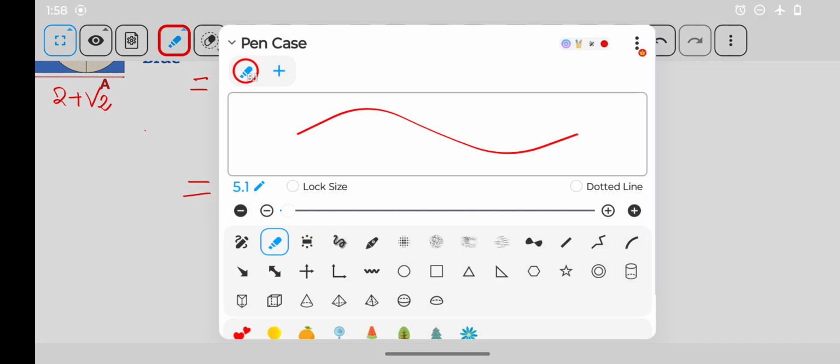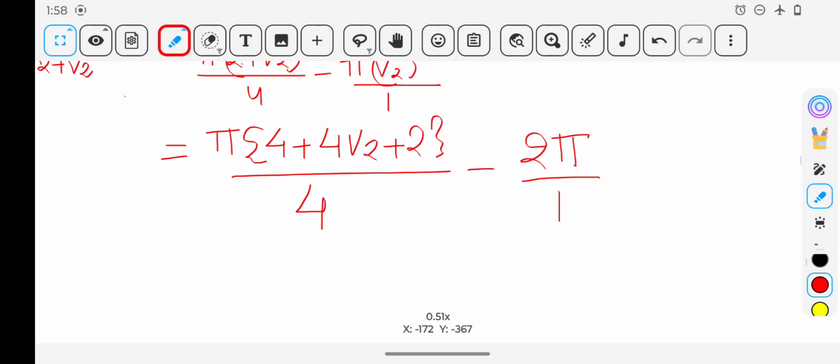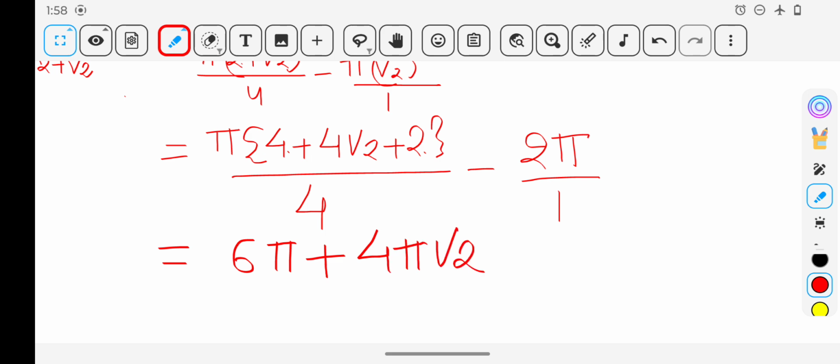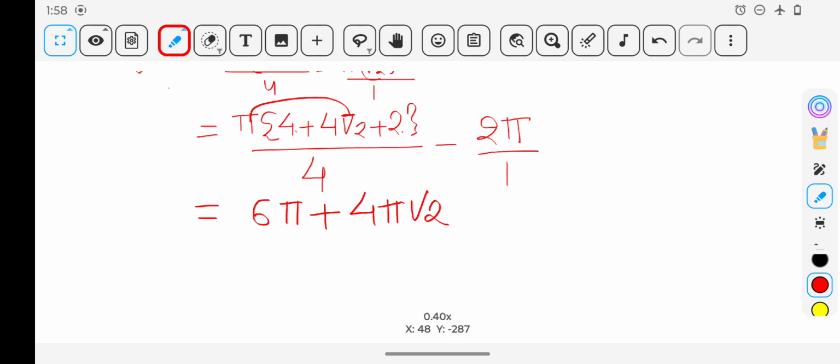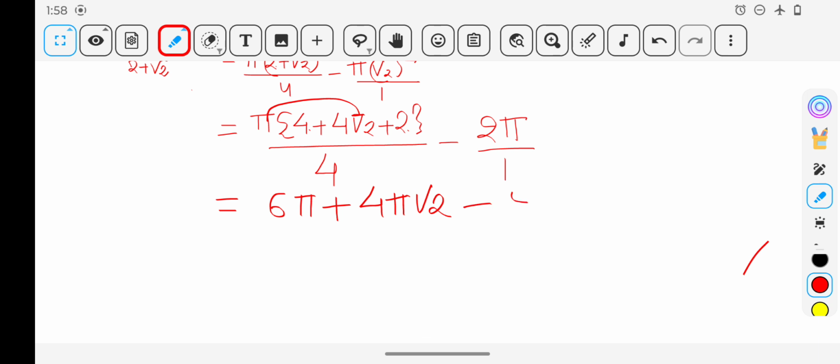Next, that equals 4 plus 2, which is 6, so pi multiplied by 6 gives 6 pi plus 4 pi √2, minus 2 pi by 1, all over 4.